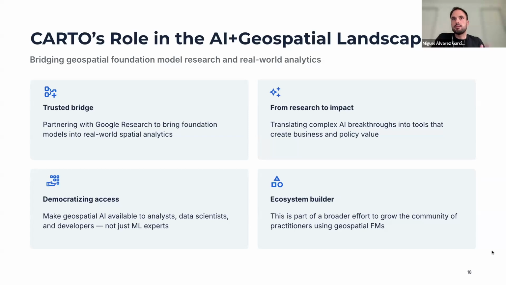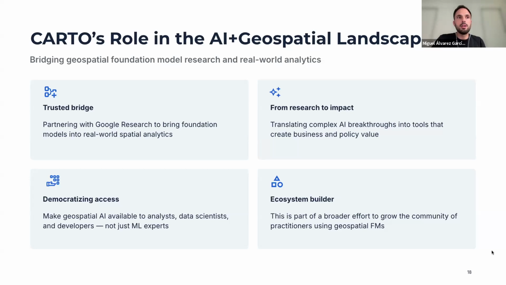Then the second one is from research to impact. We know there's a lot of research going around this, and the next step is how we bring this to reality. So we need to translate these complex AI breakthroughs into tools that allow different professionals to get value out of these models.